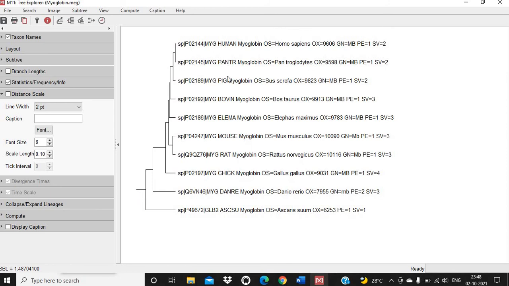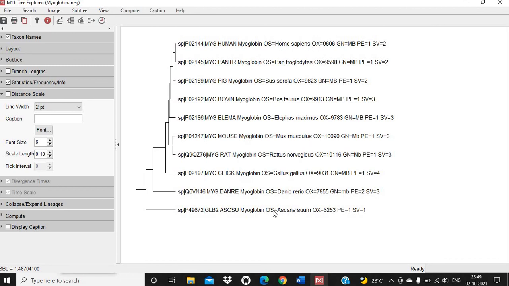But basically, in this way, we can see which organism is closely related to which organism. Okay, so basically these protein sequences are showing the evolutionary relationship. On the evolutionary time scale, we see that this worm is very far from Homo sapiens.